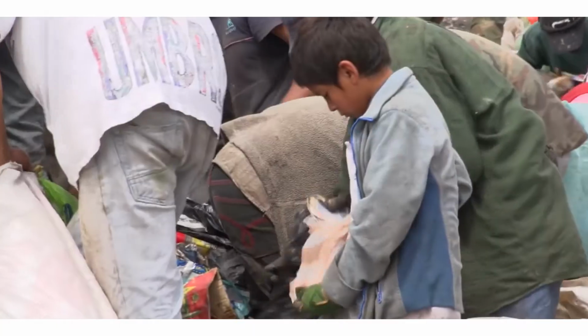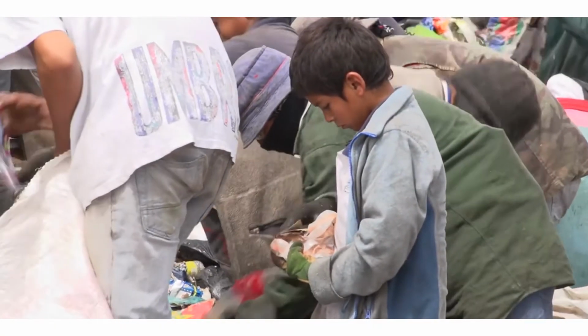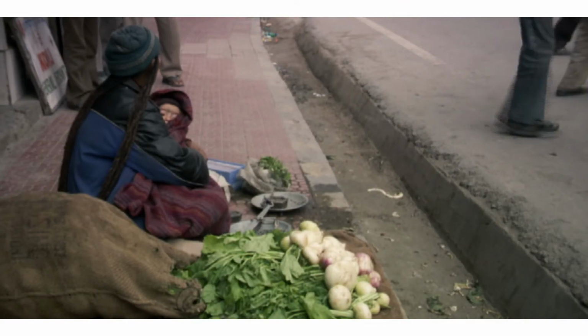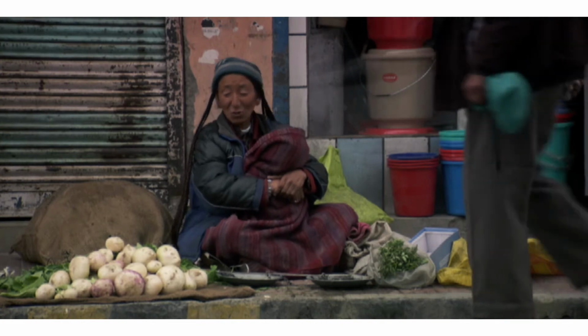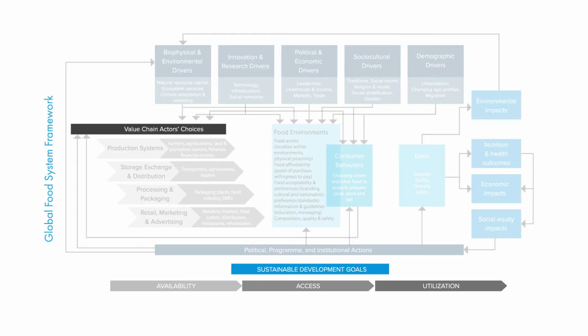We've seen already the pressures on the food system, and we're going to continue to see that unless we do something about it. So I'm going to walk you through this framework. This looks complicated, but it really is a good description of the food system. If you look at the value chain actors, food moves through a chain, and we try to add value as it moves through the chain.